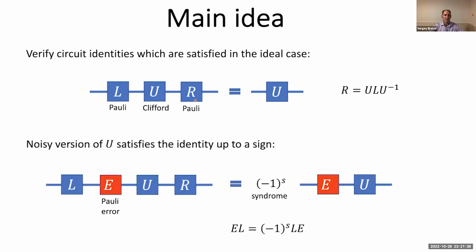Now, if we consider a noisy case, this identity is satisfied up to a sign ±1. And this sign is analogous to error syndrome in error correction. So it depends on whether the error operator commutes or anti-commutes with Pauli check operators.